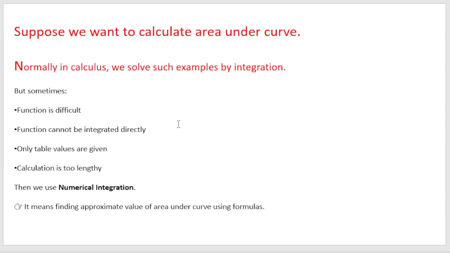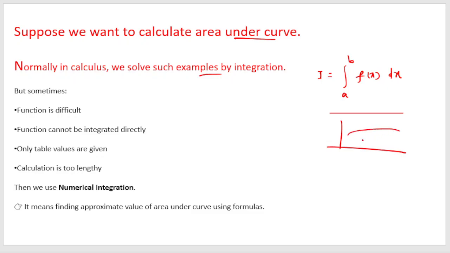Suppose we want to calculate the area under the curve. Normally in calculus, we solve such problems by integration. Suppose we have an integration like this, integration from a to b, f of x dx. It means that we are calculating the area bounded by this curve.